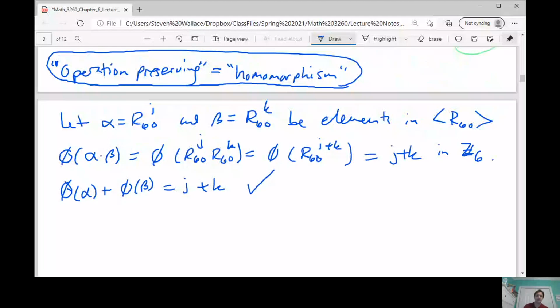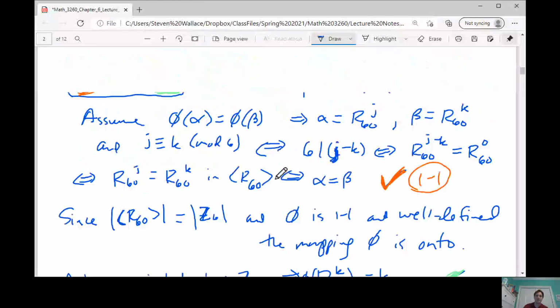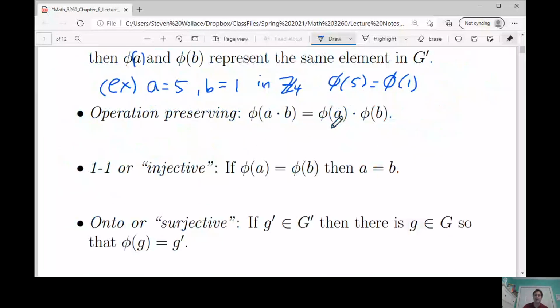Okay. So when I write up here phi of alpha times beta is equal to phi of alpha times phi of beta, this dot here just means the operation in the group that is relevant here.